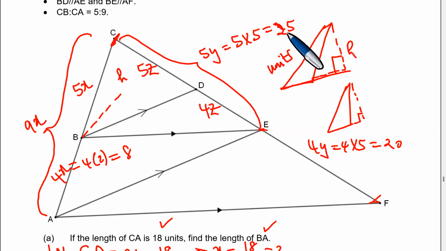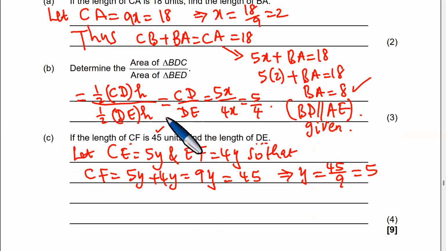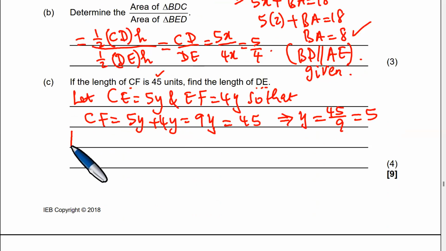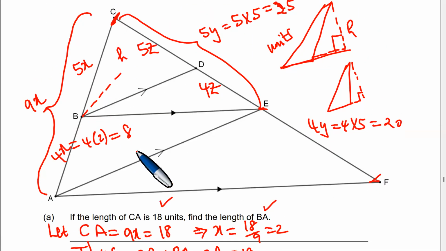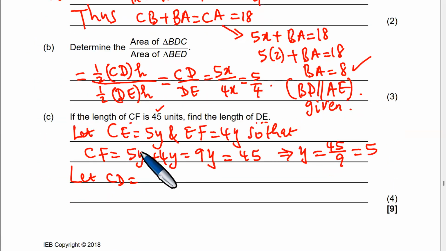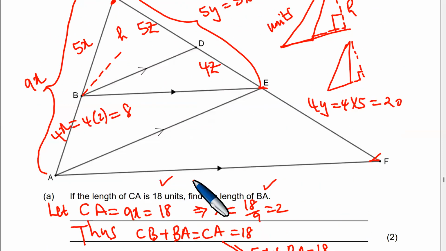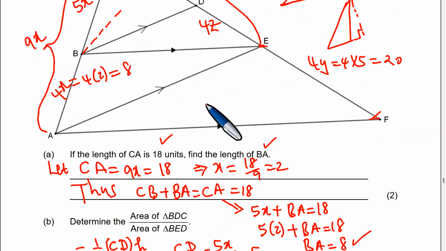But you already know this is 25. So you say, let CD be 5z, because you're given the length, and the other one is 4z.